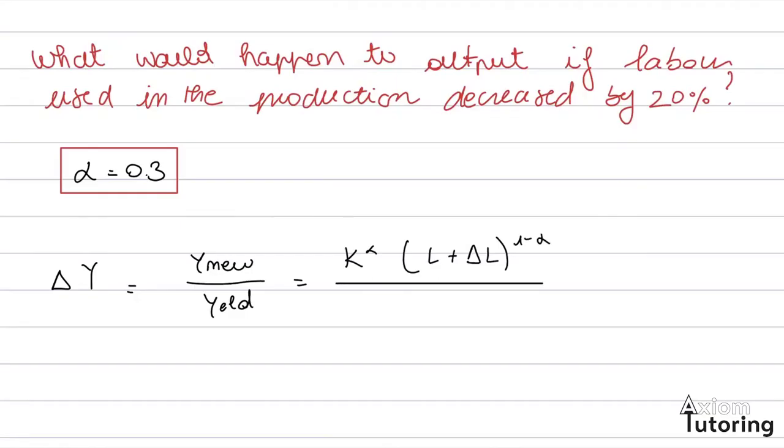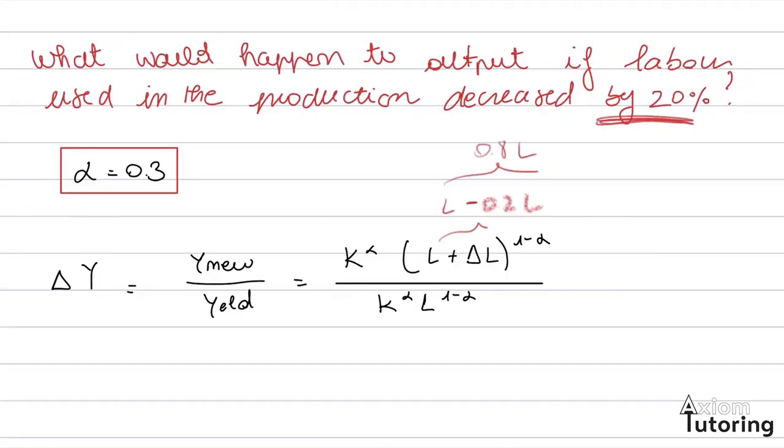And the same steps apply. This here is going to be, this time, since we are talking about a decrease by 20%, L minus, because it's going to be a negative change, 0.2L. So that in total, 1 minus 0.2 is going to be 0.8L.